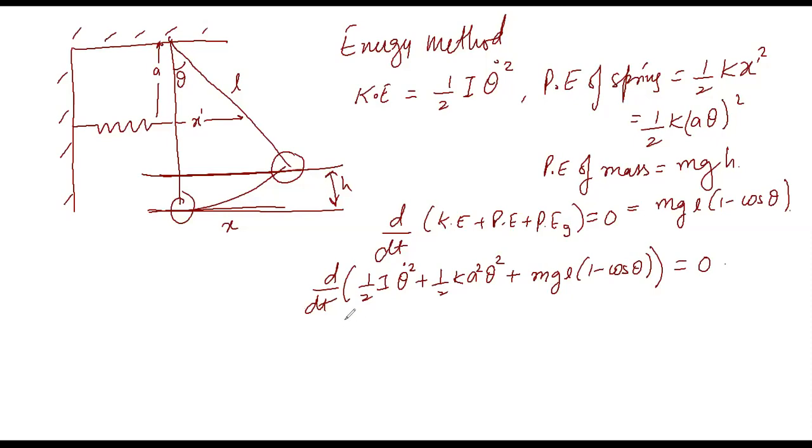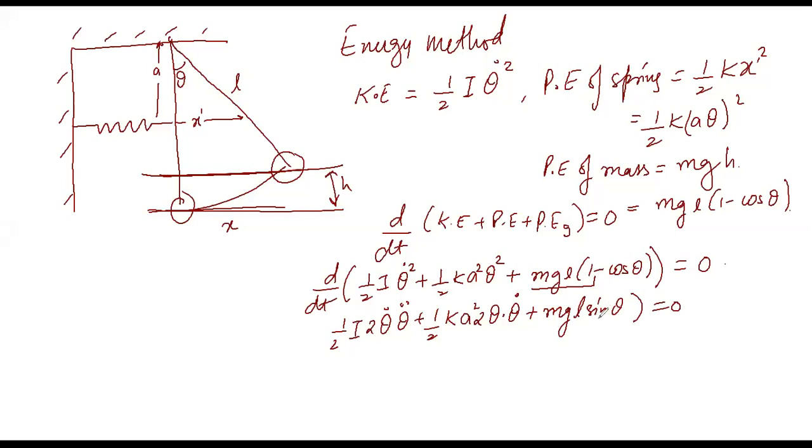When we differentiate, we get I theta dot theta double dot plus k a square theta theta dot plus mgl times, the 1 is a constant so it is 0, and the minus cos theta when differentiated gives minus sin theta, so it becomes plus. So you can write mgl sin theta theta dot is equal to 0.